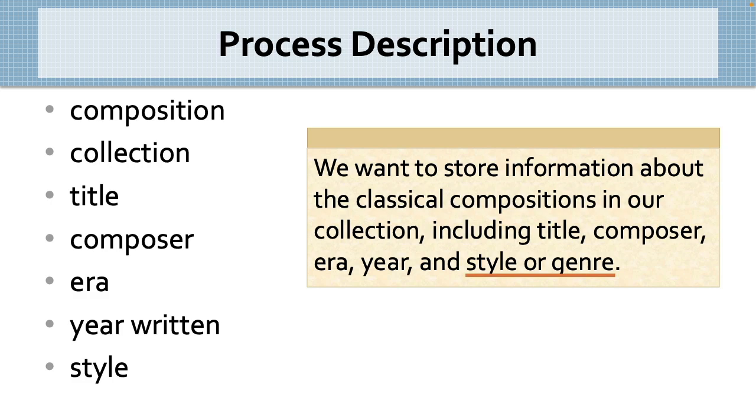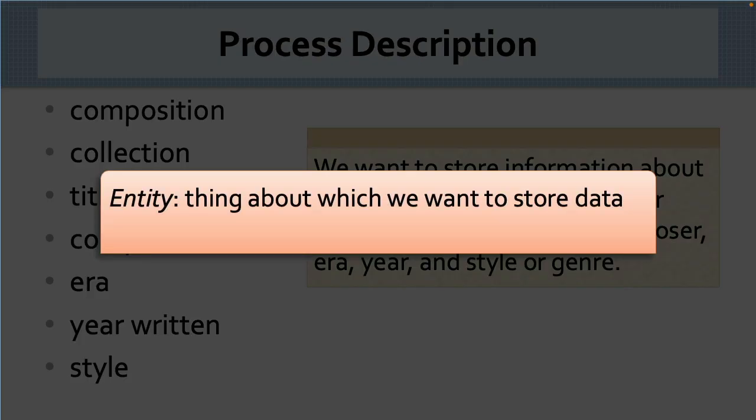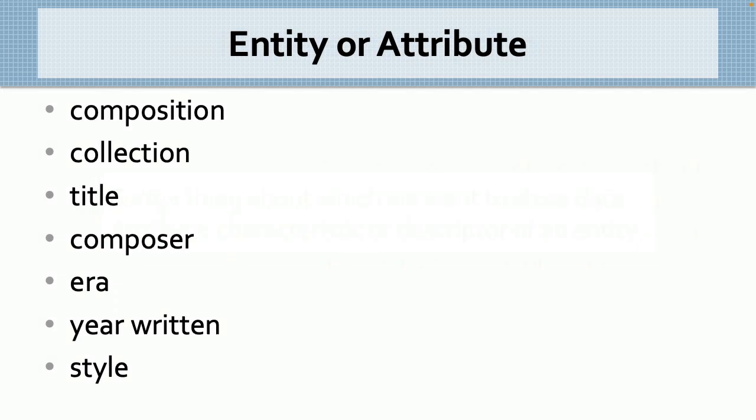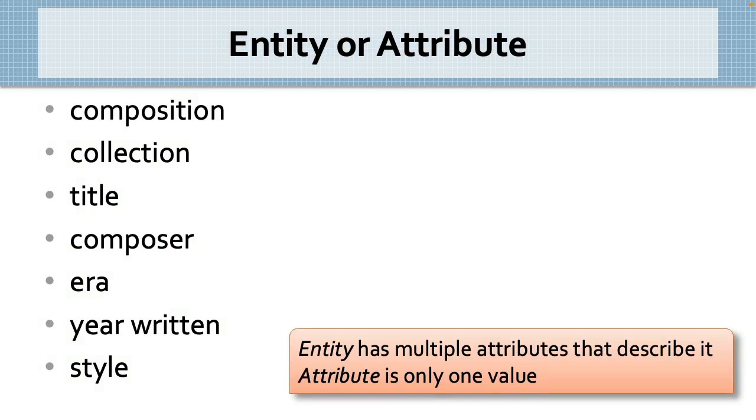Now, let's figure out whether each one is an entity, a thing or idea about which we want to store data, or an attribute, a characteristic or descriptor of an entity. To determine the difference, remember, an entity has multiple attributes that describe it, while an attribute is only one value. Some nouns may be both an entity and an attribute of another entity, so keep that in mind.